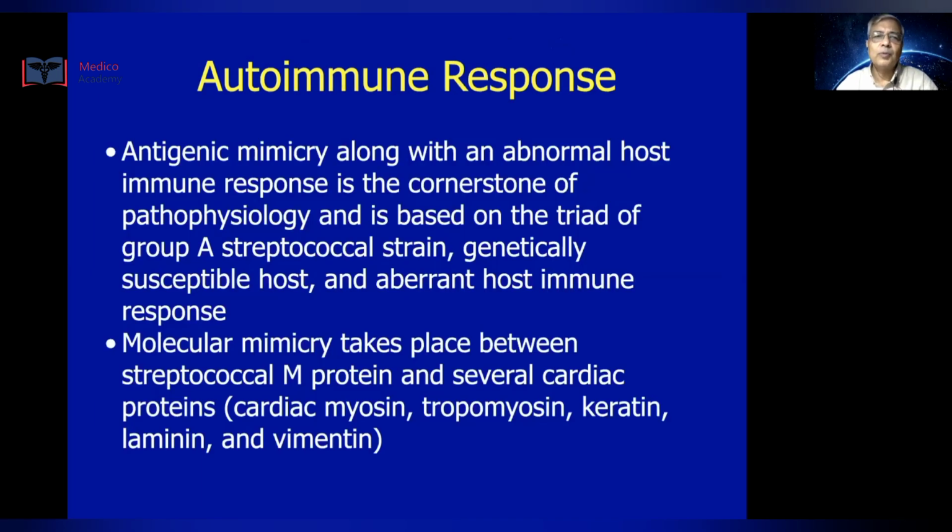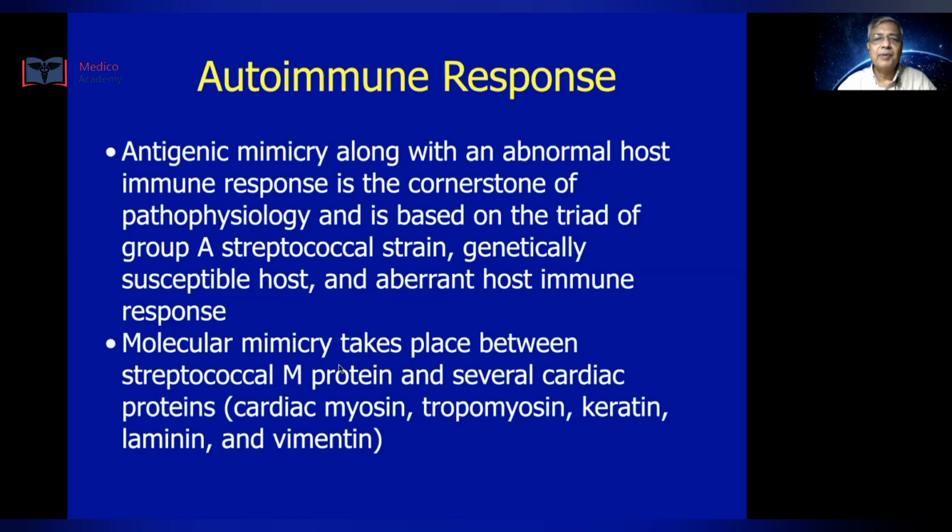We talked about the autoimmune response. Why does this abnormal autoimmune response occur? Antigenic mimicry along with an abnormal host immune response is the cornerstone of the pathophysiology of rheumatic heart disease and is based on the triad of group A streptococcal strain, a genetically susceptible host, and an aberrant host immune response.